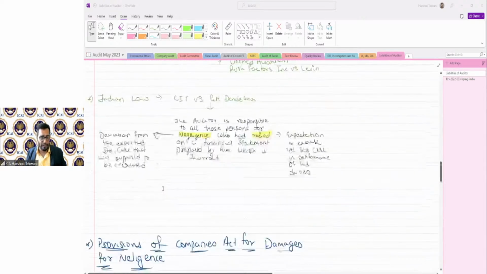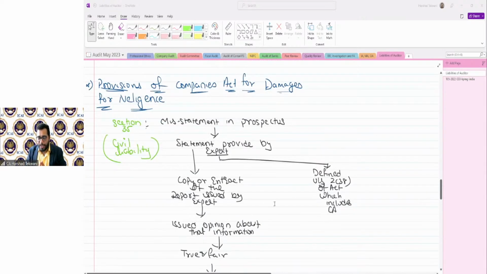Now I'll come to the sections of the Companies Act which clarify further how the civil liability of auditors comes into the picture for companies. First is Section 35, which describes the civil liability for misstatement in a prospectus, where a person has subscribed to any security of a company, or has relied upon the prospectus, and the prospectus was misleading and the person has sustained losses.